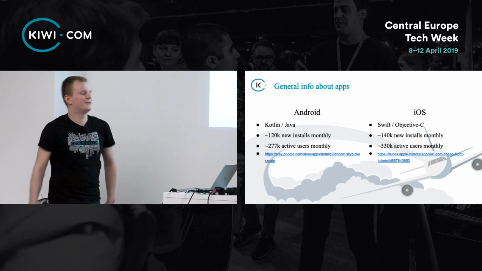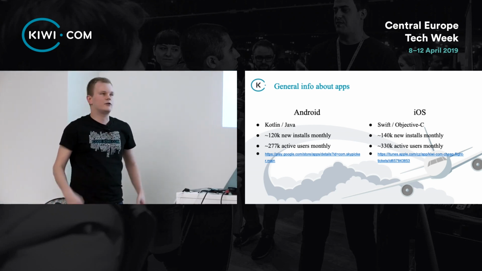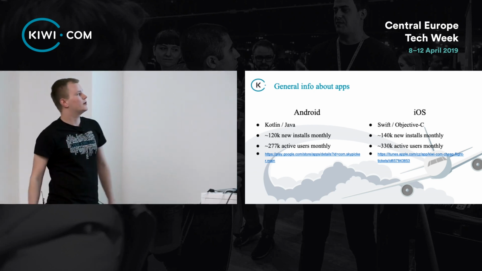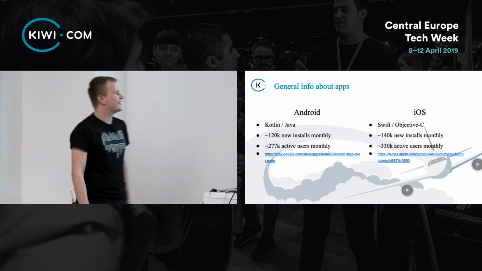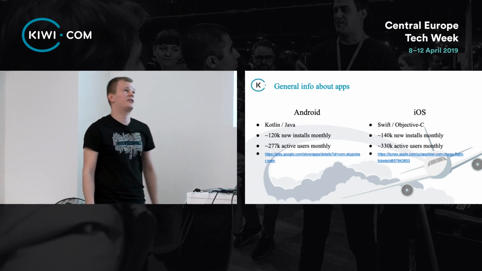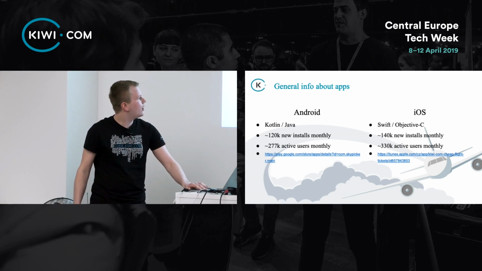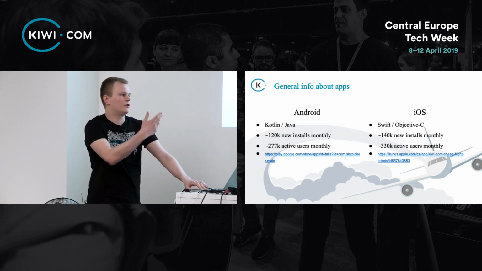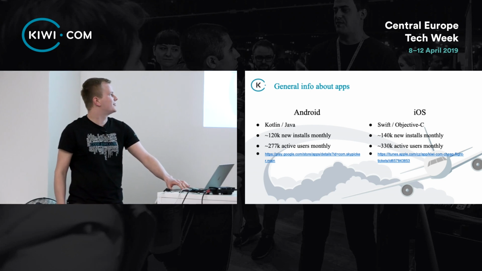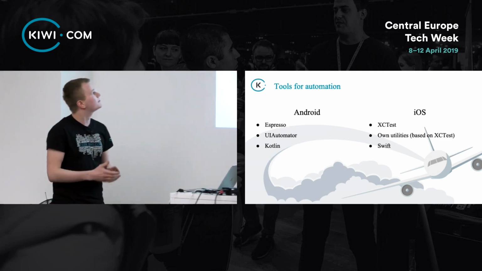We have around 100K active users daily, or 120K active users daily on each platform, and around 30,000 downloads on each platform daily. I will give you the presentation after this, and there are links for our apps.